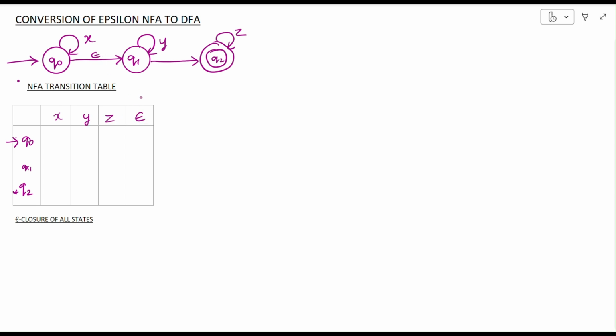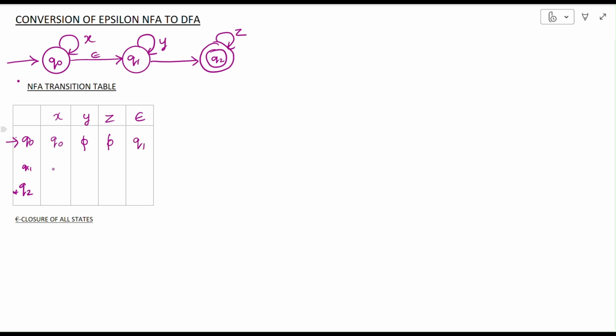As it is an epsilon NFA, epsilon will also be an input here. Q0 on receiving X moves to Q0 itself. Q0 on receiving Y, there is no transition. Q0 on receiving Z, there is no transition. Q0 on receiving epsilon moves to Q1.